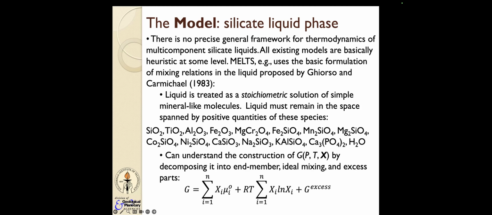And once you've made that assumption, which is not true, it is an approximate description, okay, you can then write down a formula that gives you the Gibbs energy of that liquid with certain parameters that you can tune. And this turns out to be, 35 years of experience has shown, good enough to make a lot of meaningful predictions in igneous petrology, even though it isn't exactly true.